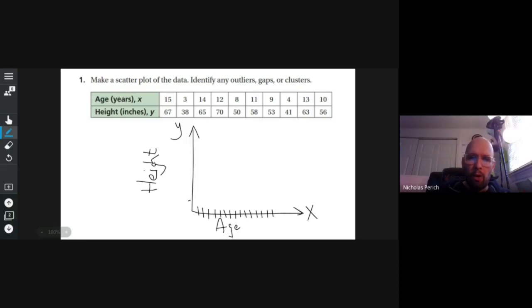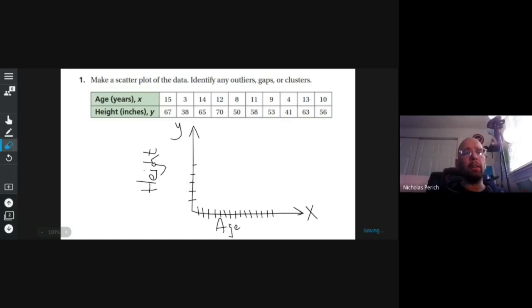So I'll go 5, 10, 15, 20, 25. And looking at this, I'm not going to have room to do all that either. So I'm erasing it.